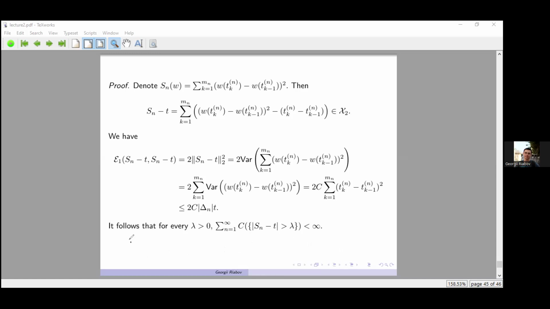And by the capacitary version of Borel-Cantelli, the capacity of the set of realizations of the Brownian motion such that S_n minus t is bigger than lambda for infinitely many indices n is equal to 0.